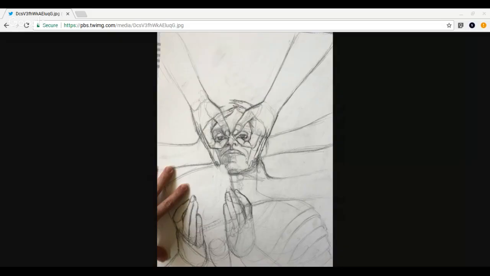But how do we get these two characters together? Again, this is a mix of composition and intuition. In an earlier story that I wrote, Leanne gives Journeyman his first mask.